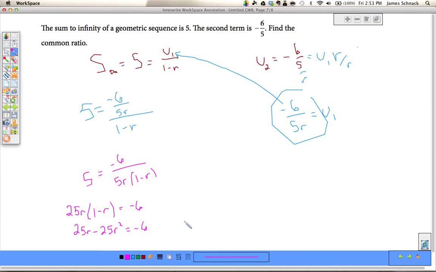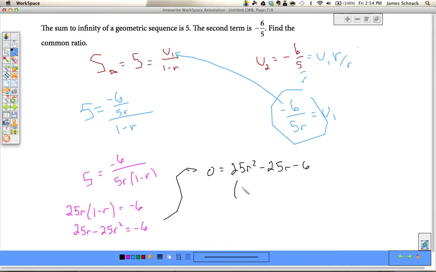I'm going to move everything to the right, so I have a positive R squared. 0 equals 25R squared minus 25R minus 6.